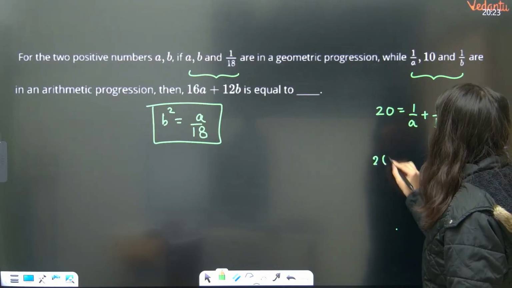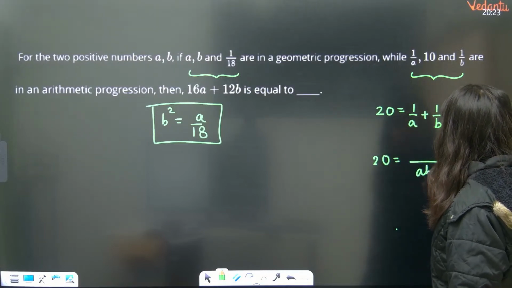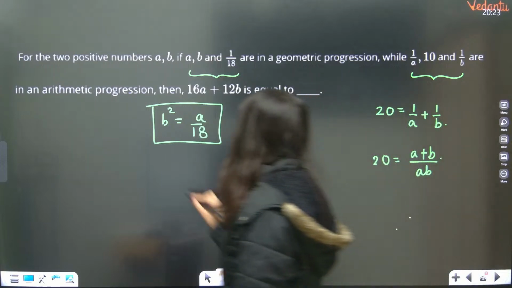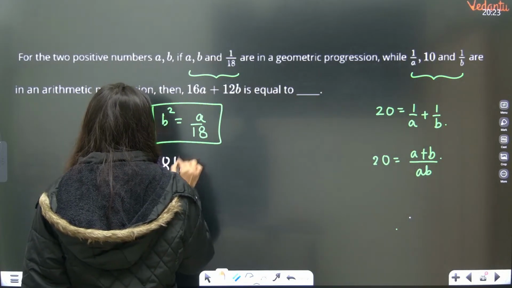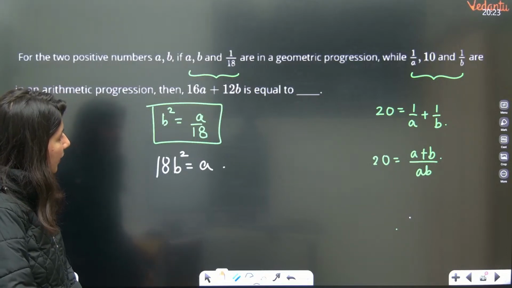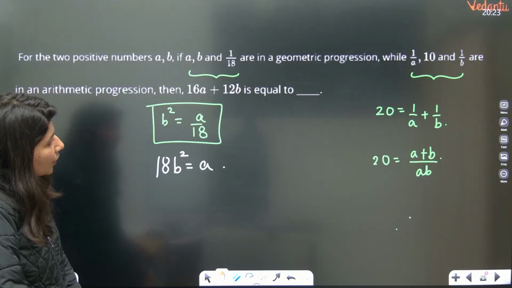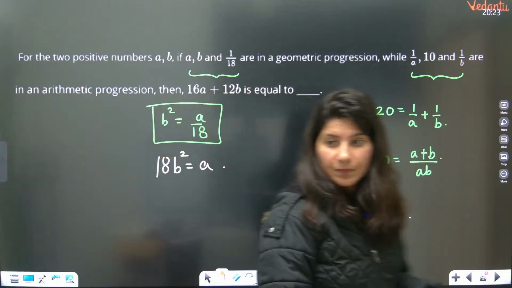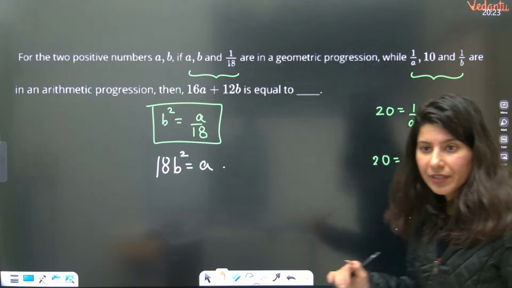So 20 is equal to ab upon, and this is a plus b. Two equations, two unknowns, correct? So 18 b square is equal to a. So now what you can do is put the value of a over here. Let's do that.